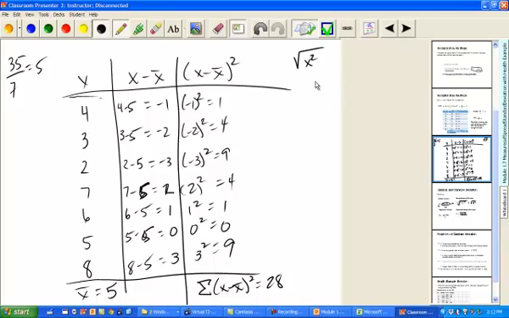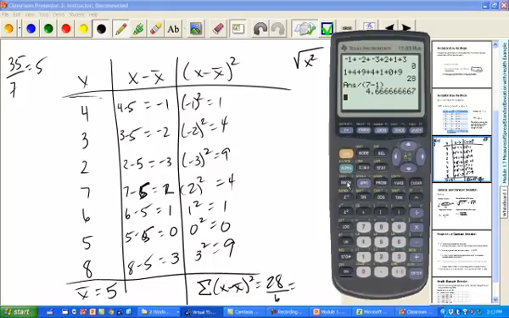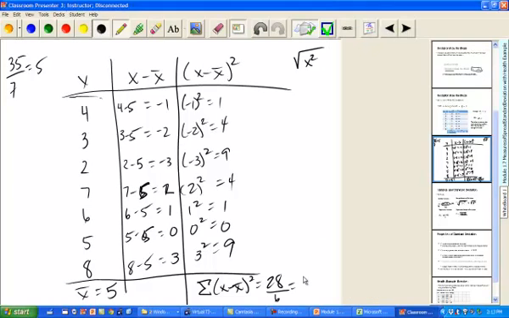So if I take that and I divide by 6, I get... Remember also, if you want to turn it into a fraction, you can say math fraction, 14/3. Okay, so 14/3.